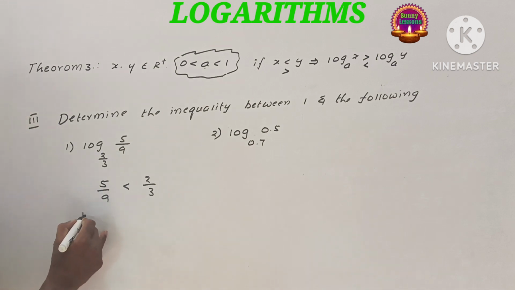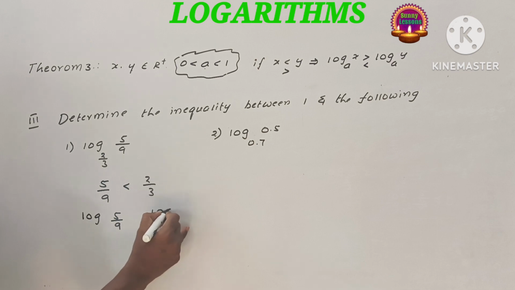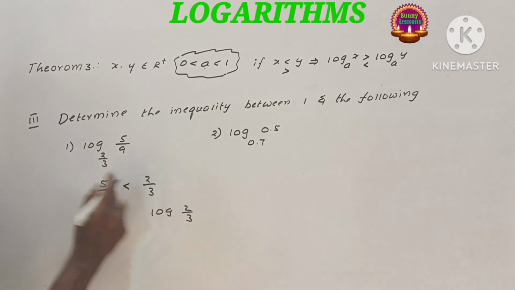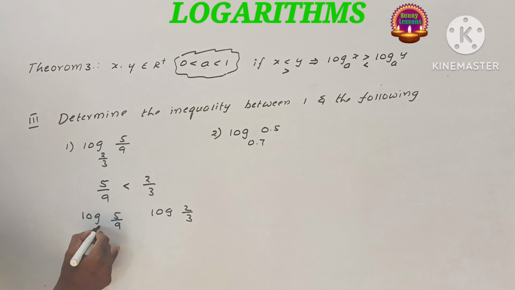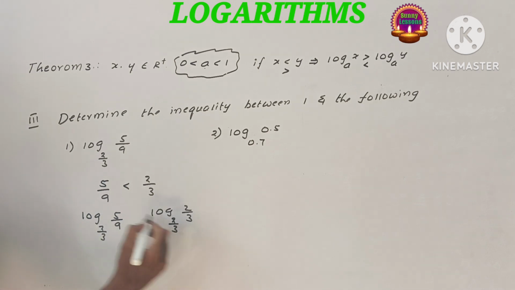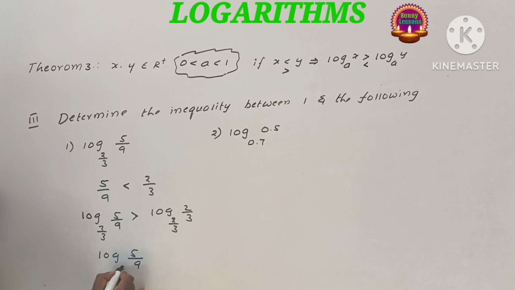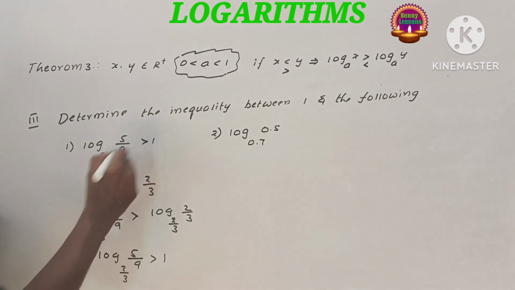If we apply logarithm, log 5 by 9, log 2 by 3, what is the base here? 2 by 3 lies between 0 and 1, so the inequality reverses. So log 5 by 9 base 2 by 3 is greater than log 2 by 3 base 2 by 3. Log of any number to the same base is 1. So log 5 by 9 base 2 by 3 is greater than 1.